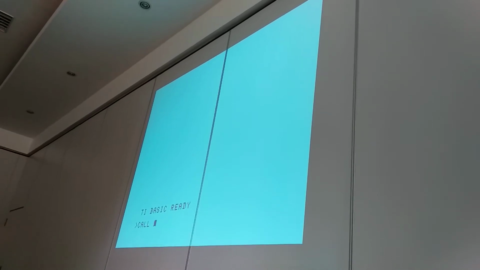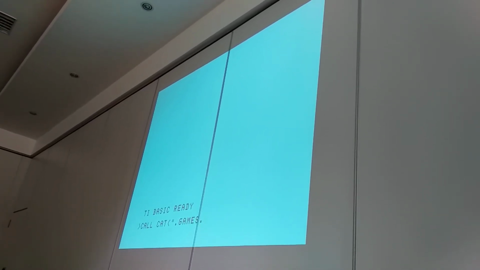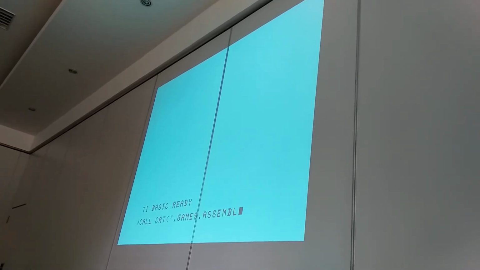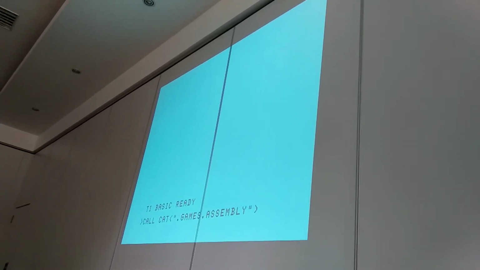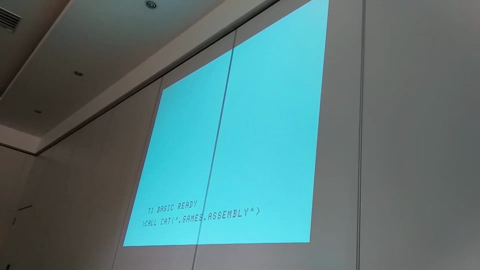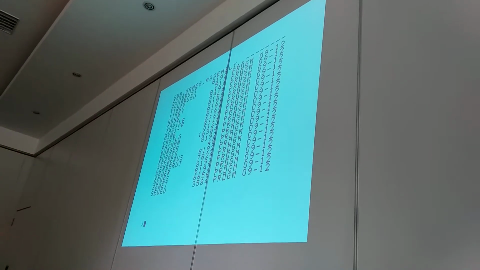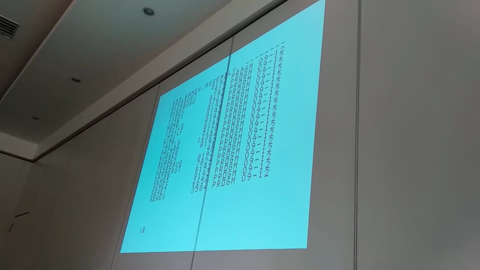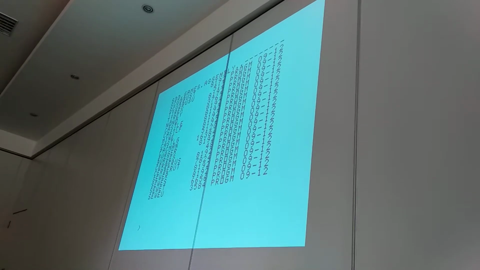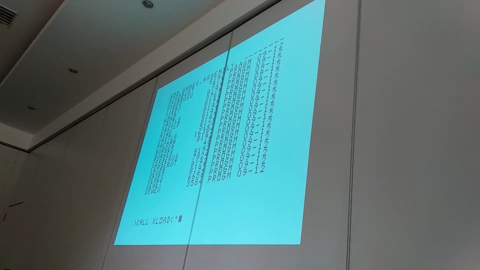So the last thing I want to show you is, so we have games assembly. So you see a lot of programs here. Some you can recognize as EA5 format. You can load them from TI Basic.